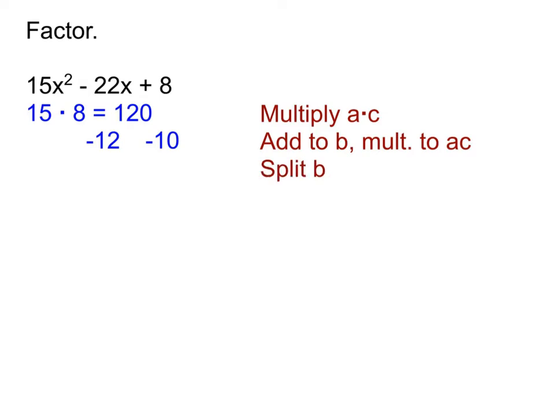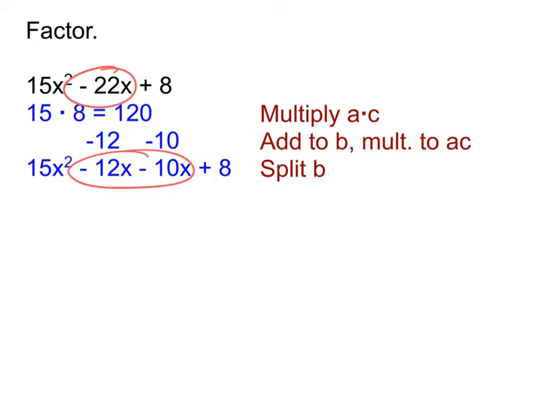What I do with that then is I'm going to split my b value here into those two parts. So I rewrite my equation where everything is the same except that the b value is now split into those two components. So in other words, this became this. Now, why do we do that?